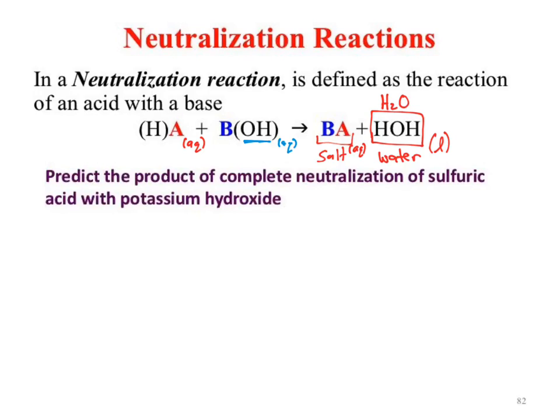Okay, so if we go through and look at our reaction, complete the neutralization of sulfuric acid with potassium hydroxide. What kind of reaction is it? Should have been a little faster. Neutralization. Work on that. Okay. Sulfuric acid. H, good start.